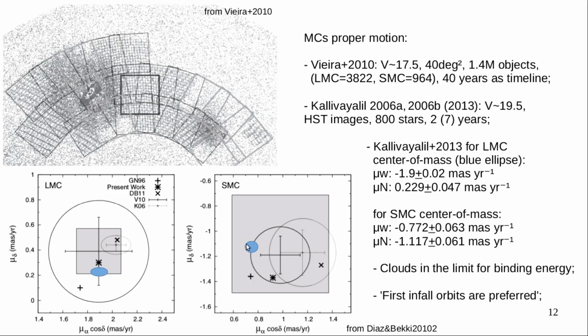The results from Vieira agree with the results from Liu as a mean value. An interesting result from Vieira is that the clouds are at the limit for binding energy, and Liu states that the clouds are most probably in their first infall towards the Milky Way.